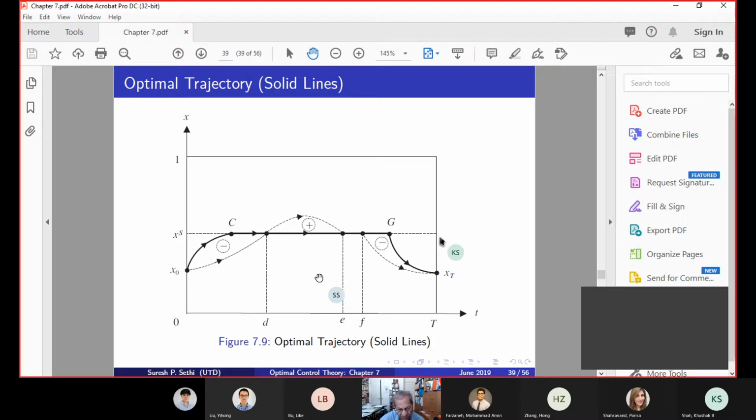Okay. Now let's look at the following situation. Suppose my x0 is here, and suppose my xT is here. What am I trying to do?